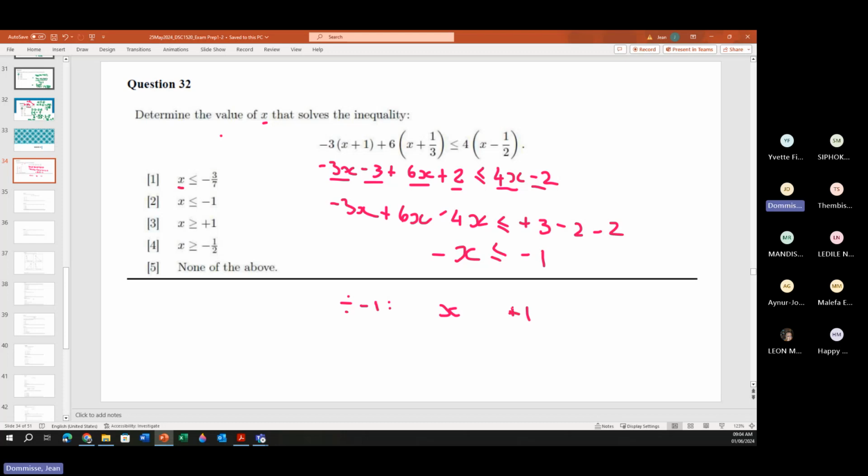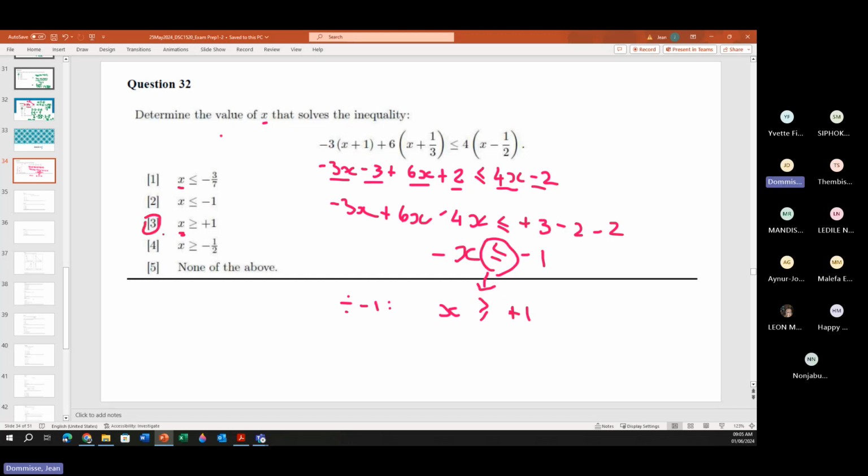But also remember, when we divide by minus 1, this sign will swap around. So when we divide or multiply by minus 1 to change to a positive, that sign will swap around. So we've got x bigger or equal to 1, and there it is, option 3.